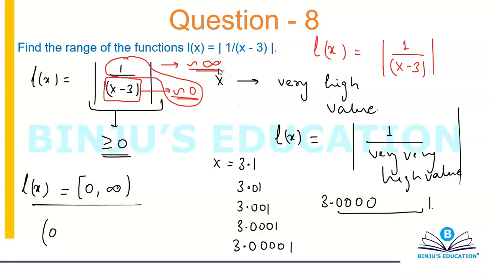So the maximum value that you can have is infinity. This will become the range of this function, that is 0 to infinity with open brackets, because it will never be equal to 0, and infinity, we do not know what exactly is infinity.